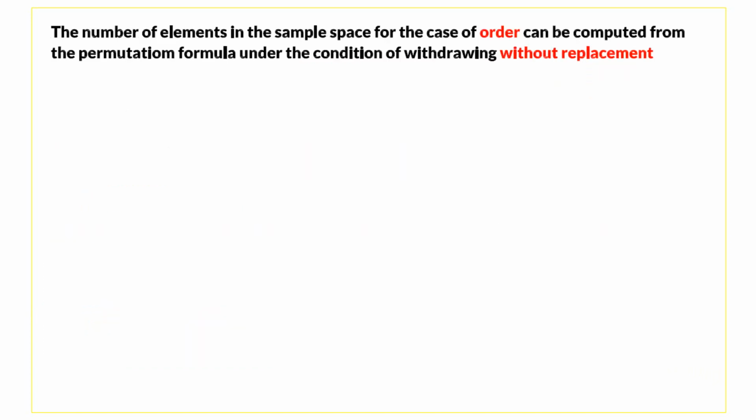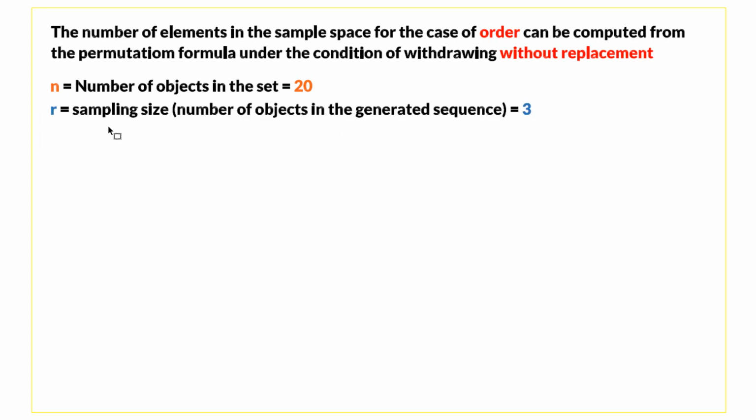So the number of elements in the sample space for the case of order can be computed from the permutation formula under the condition of withdrawing without replacement. We have the population n equal to 20 and r, the sampling size, equal to 3.